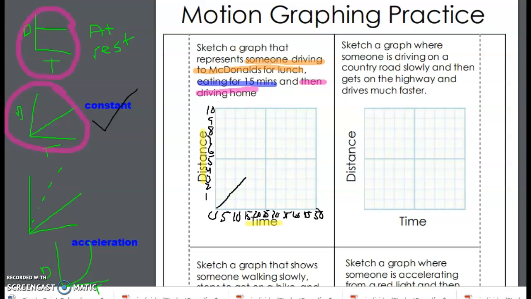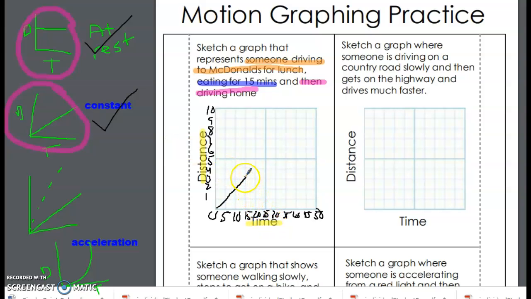Now, I need to stop for 15 minutes. What would that look like, Izzy? Stopping for 15 minutes. How would I draw that? I know that I'm going to be using this line, but I have to make sure that it's for 15 minutes, right?